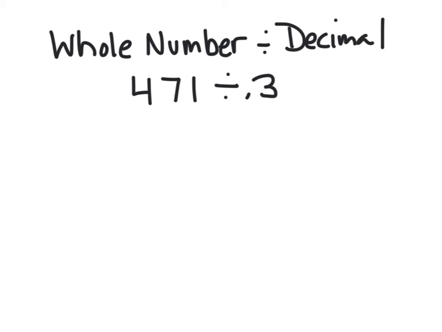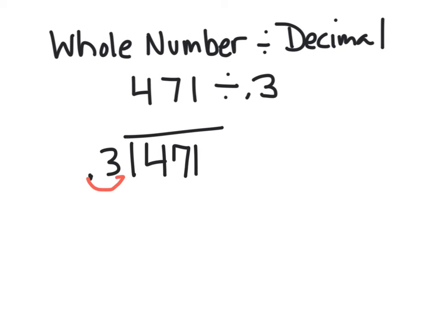In this case, we're going to do whole number divided by decimal, which really isn't much different. I'm going to need, once again, to move my decimal 1 place to the right. Well, in 471, every whole number, there is a decimal point all the way to the right. And I still also now need to move that decimal 1 place. So I need to annex a 0 in order to be able to move it. Then my decimal point is now here, and I need to bring that all the way up.